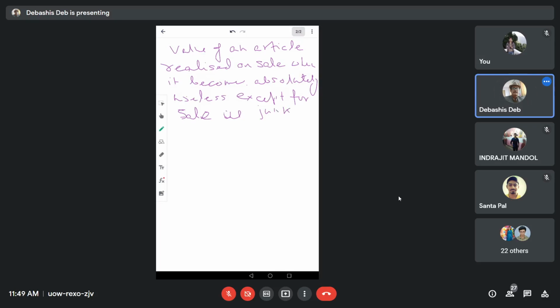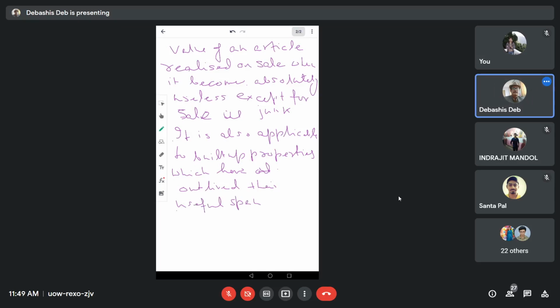It is also applicable to built-up properties which have outlived their useful span of life.